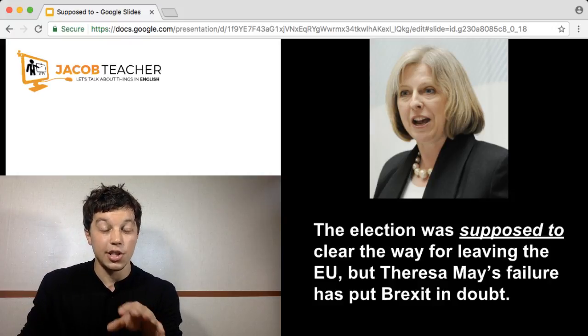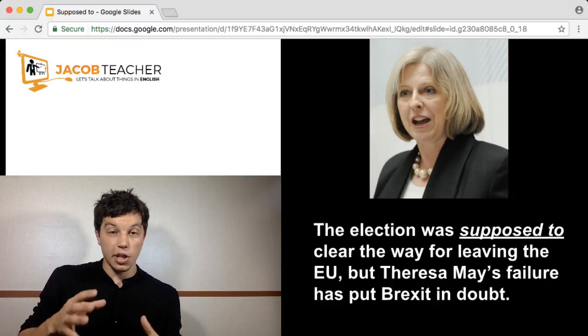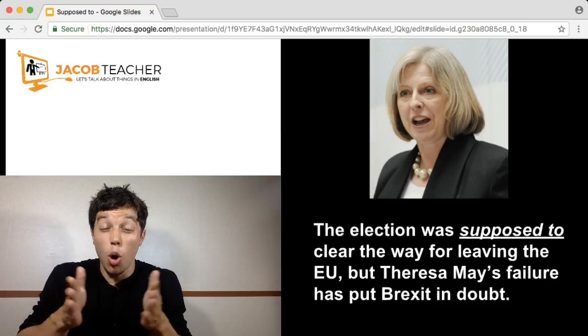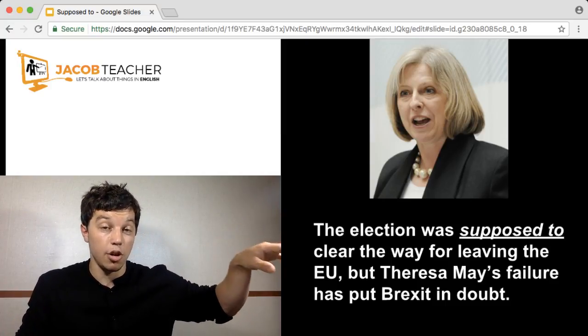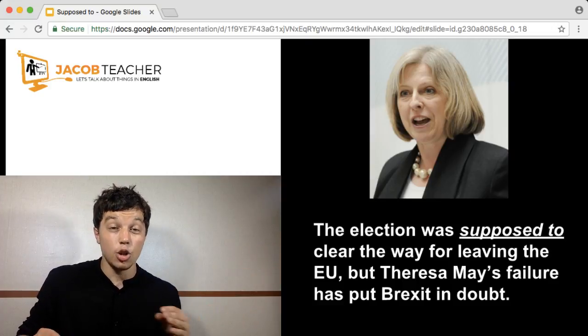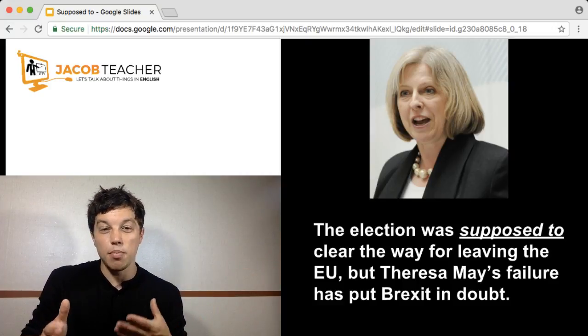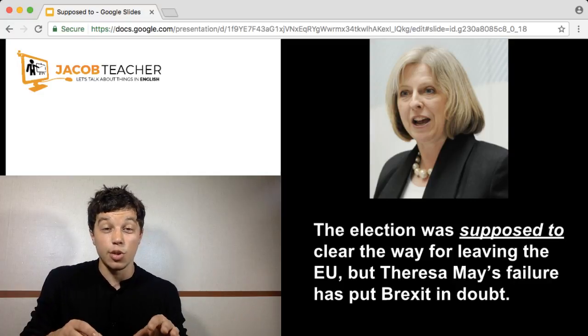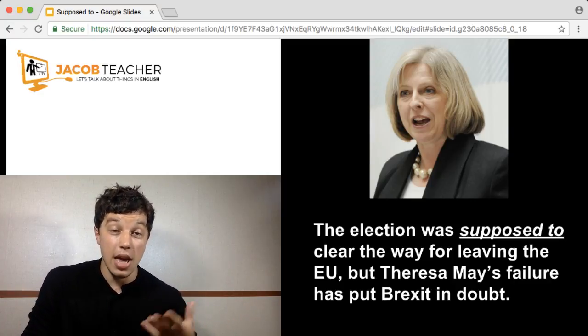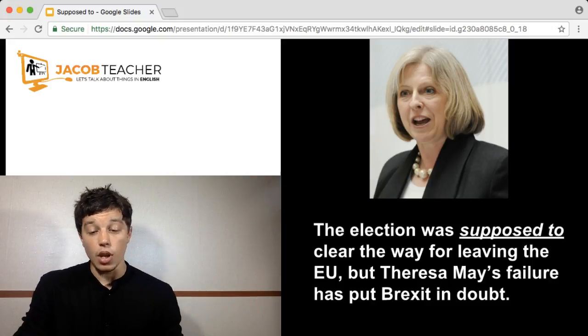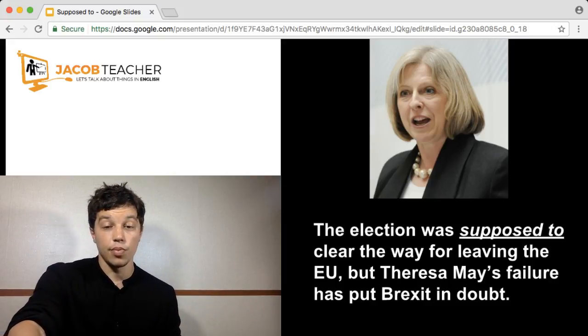It's a complicated sentence, I know, but basically what they're saying is the election was supposed to make it easy for the UK to leave the European Union, but Theresa May did something that made it more difficult now, or Theresa May failed to do something that made it more difficult now. So that's what that means.